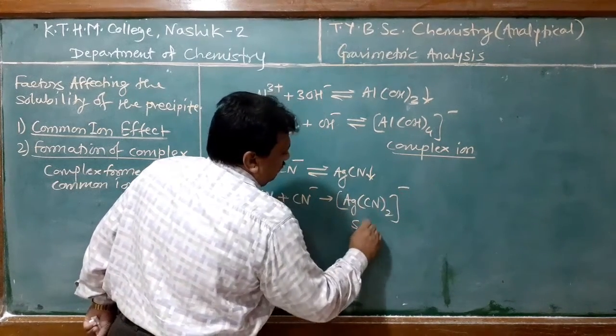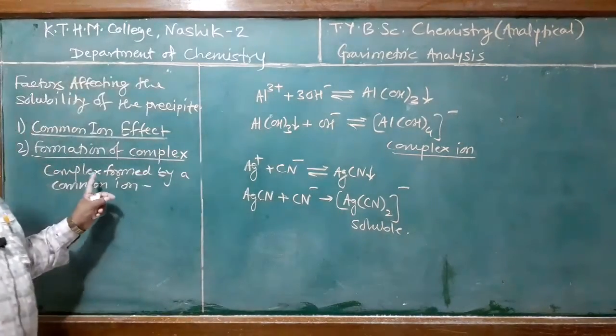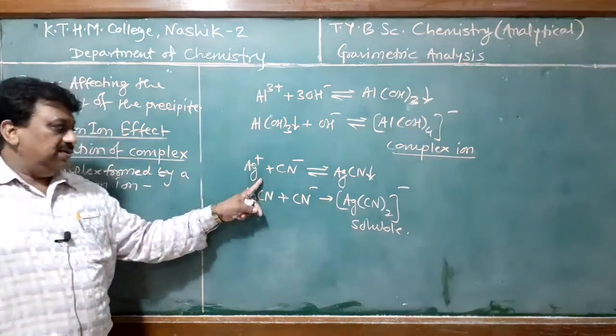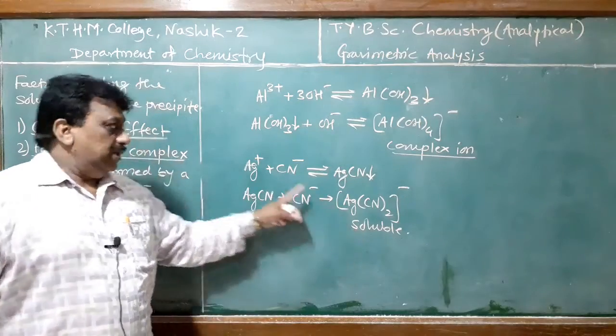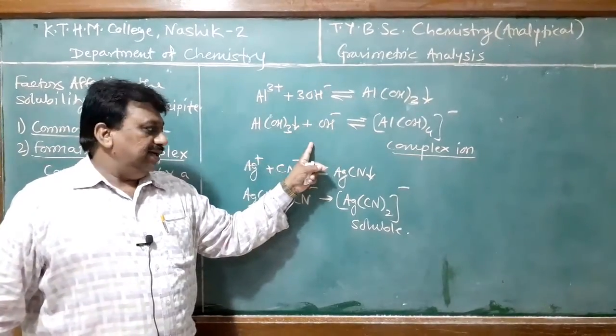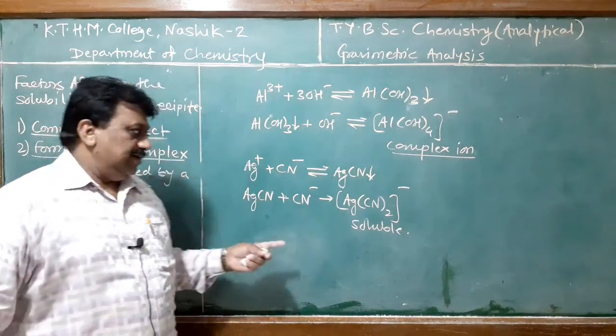This is soluble because of the formation of complex ion. Therefore, a complex ion formed by a common ion also increases the solubility of the precipitate. Therefore, the common ion effect is not true for every case. Sometimes it may increase the solubility of the precipitate.